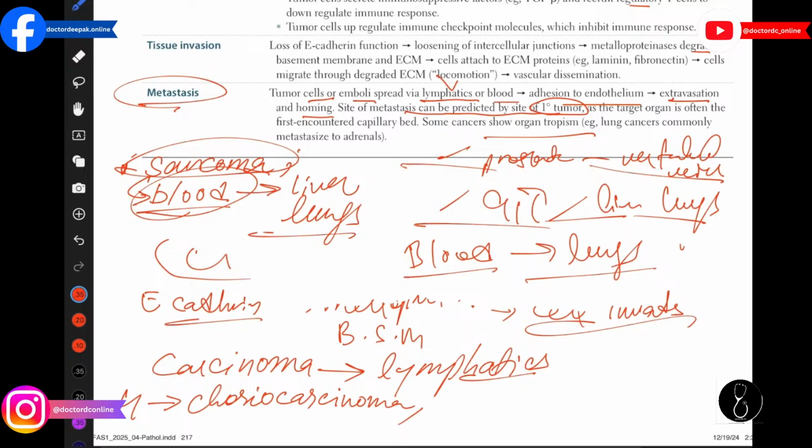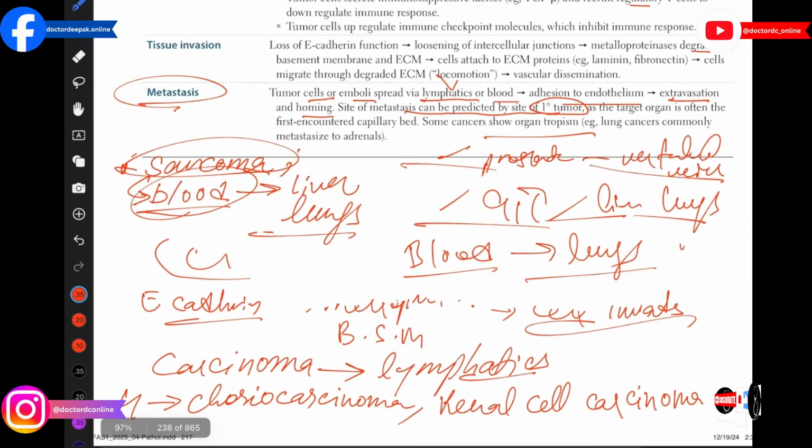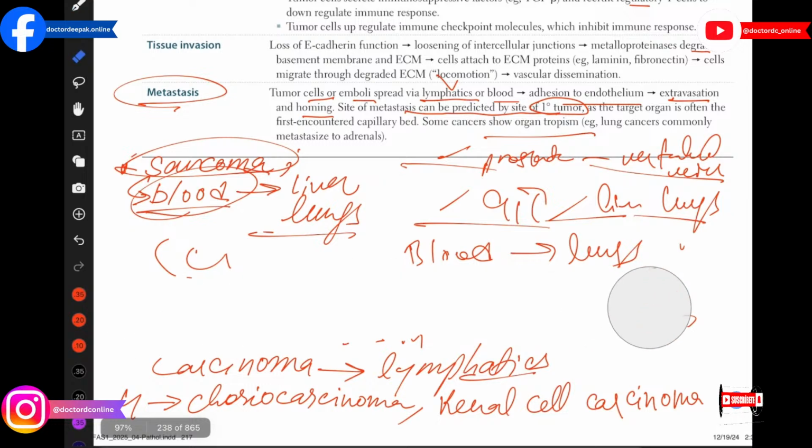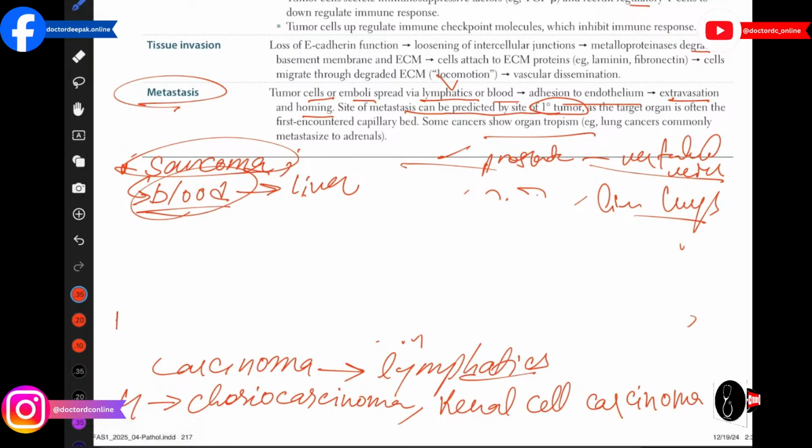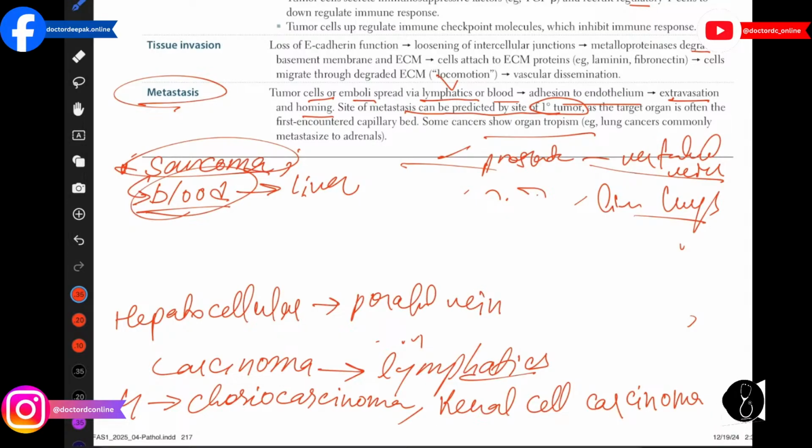Second is renal cell carcinoma, which spreads by the renal vein. Then hepatocellular carcinoma, which spreads by the portal vein. And one is follicular carcinoma.